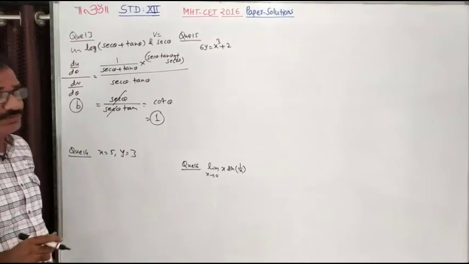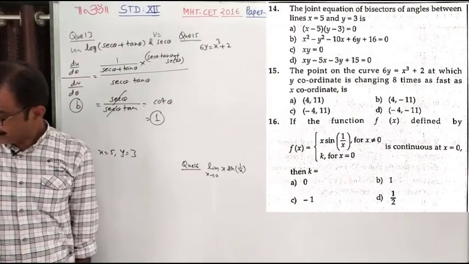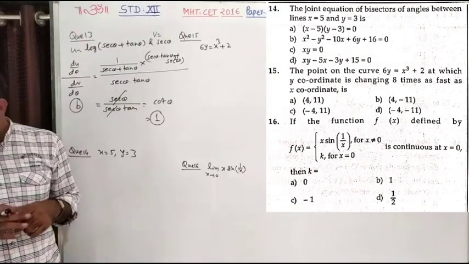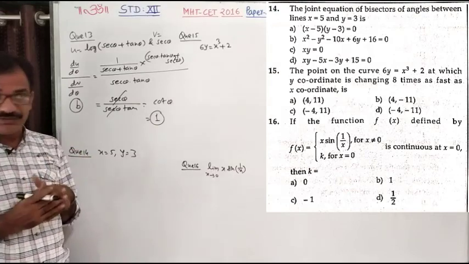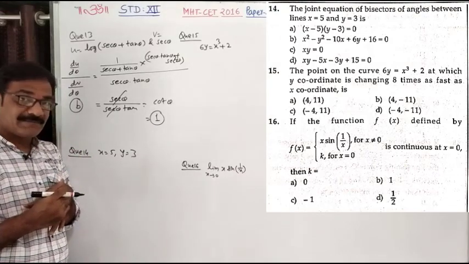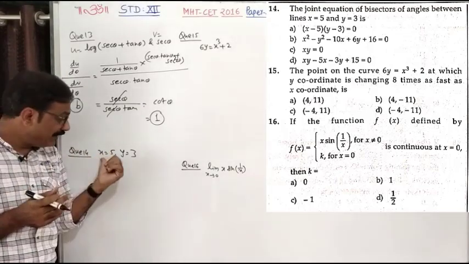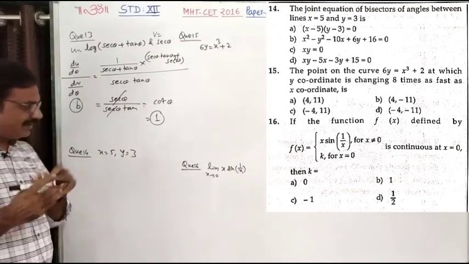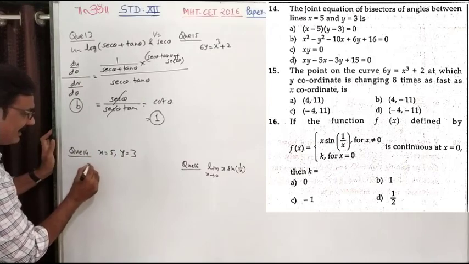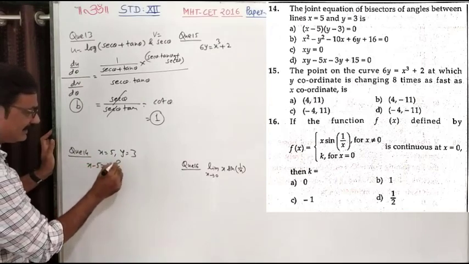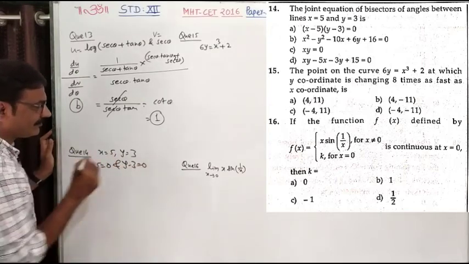Look at question number 14 now. The joint equation of bisectors of the angles between the lines. You can write the separate equation for these lines like this.